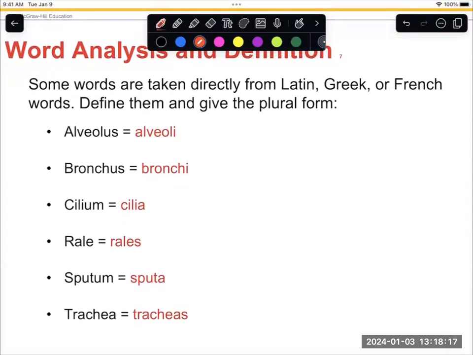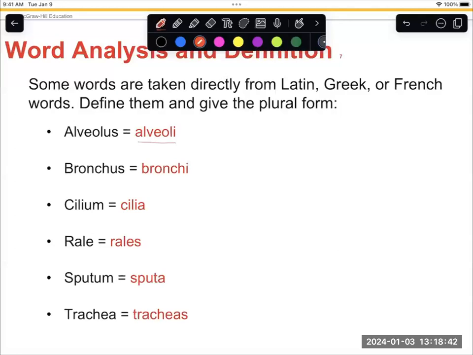So some of these are already written out here, but we have alveolus, which means hollow sac in Latin. Alveoli is the plural form. It's the terminal element of the respiratory tract where gas exchange occurs.